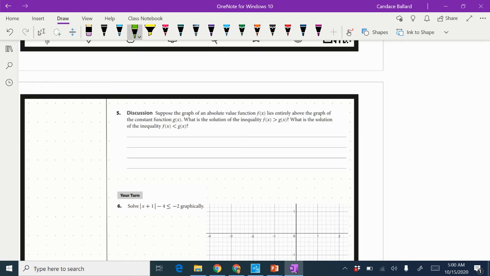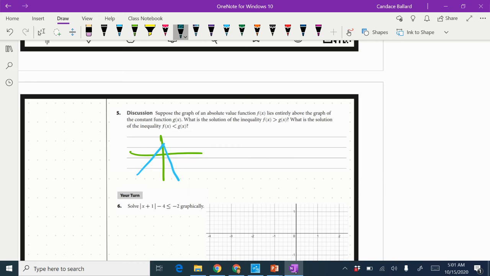And then suppose the graph of the absolute value function f of x lies entirely above the graph of the constant function. What's the solution of the inequality f of x greater than g of x? So what they're saying is that if I have my graph and I have my absolute value function, and then the g graph lies entirely above, well, oh, I drew it wrong.